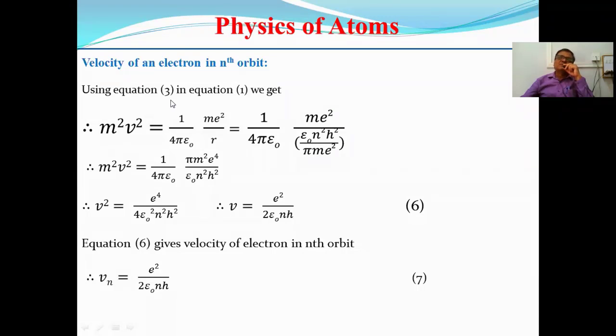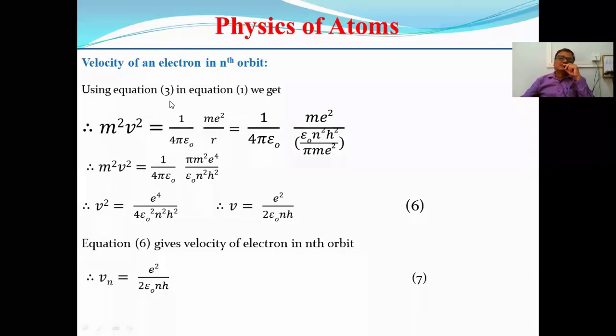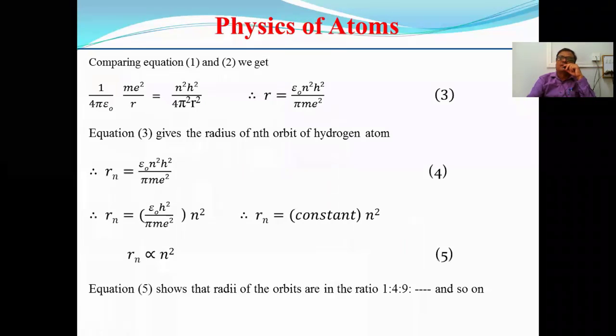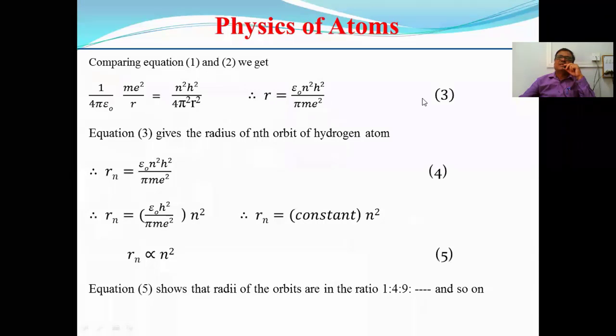Equation 3 gives the radius of the nth orbit of the hydrogen atom. Let us see equation number 3. R is equal to epsilon 0 n square h square upon pi m e square.